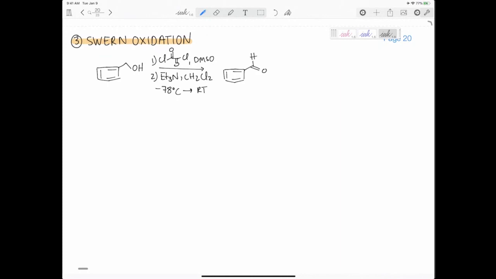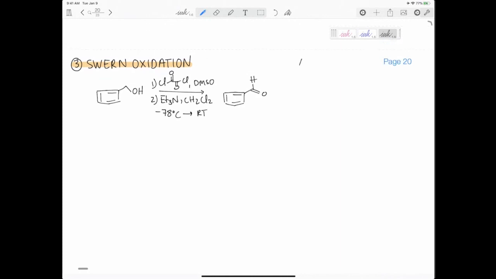All right, so remember oxalyl chloride is this right here. You might see it expressed as COCl2. It's the same thing. Basically, that's just how you empirically express it.